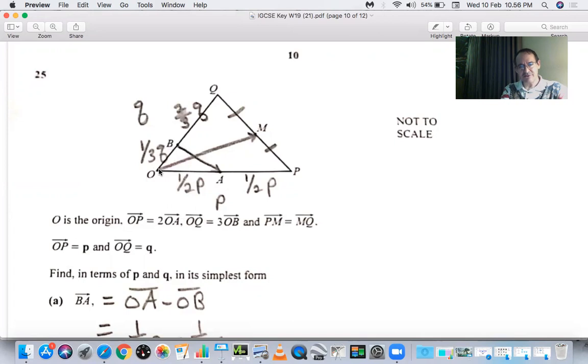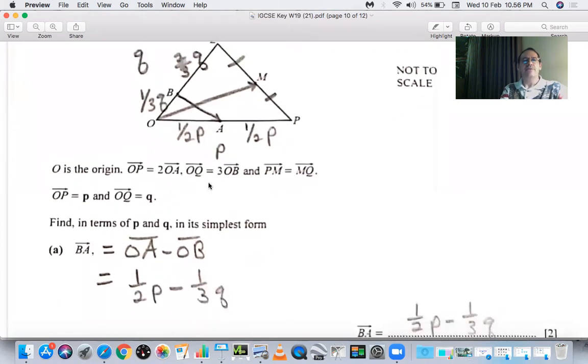These are tail to tail, so you subtract: here's the end of the vector, OA, minus the start, OB. So BA equals OA minus OB. And so you get half P minus 1/3 Q.